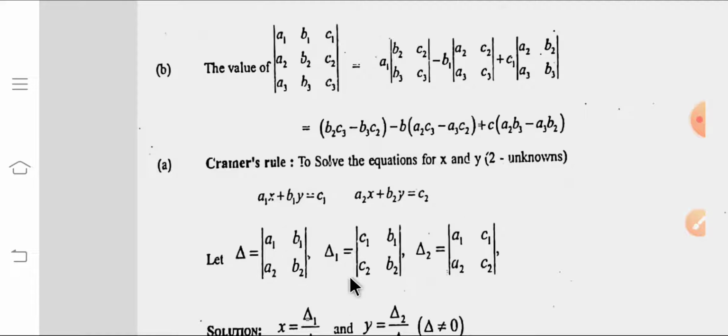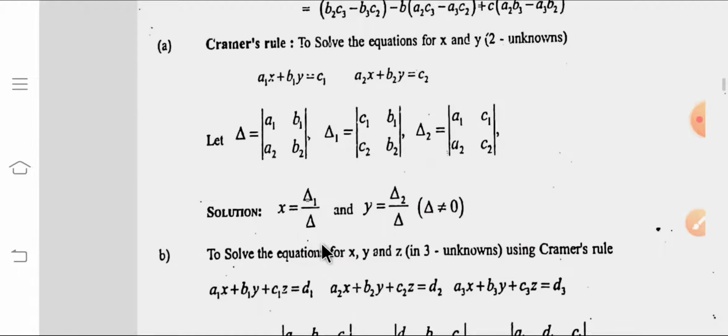Next, delta 1 we get by writing, in place of the first column, the independent terms c1 and c2, that is the determinant of c1 b1 c2 b2. And delta 2 is the determinant where we write the constants c1 and c2 in place of the y coefficients: a1 c1 a2 c2. So x is delta 1 by delta, and y is delta 2 by delta.